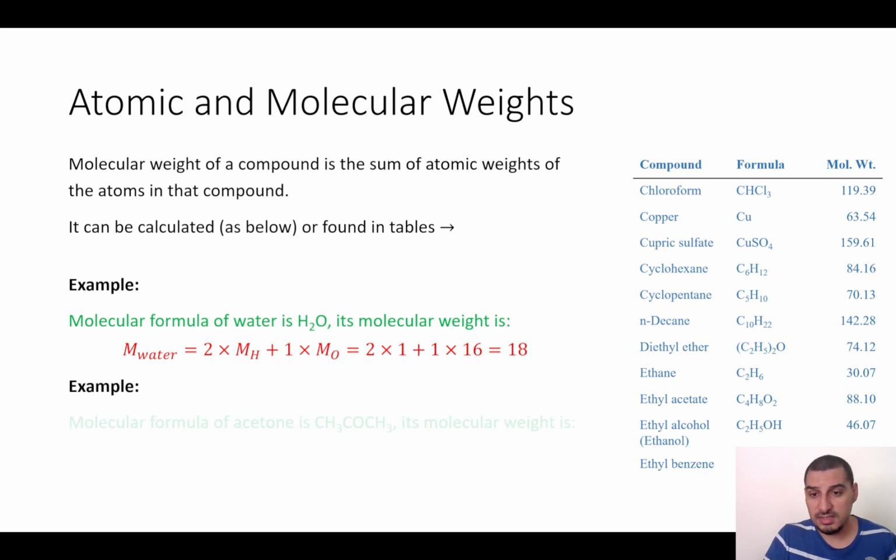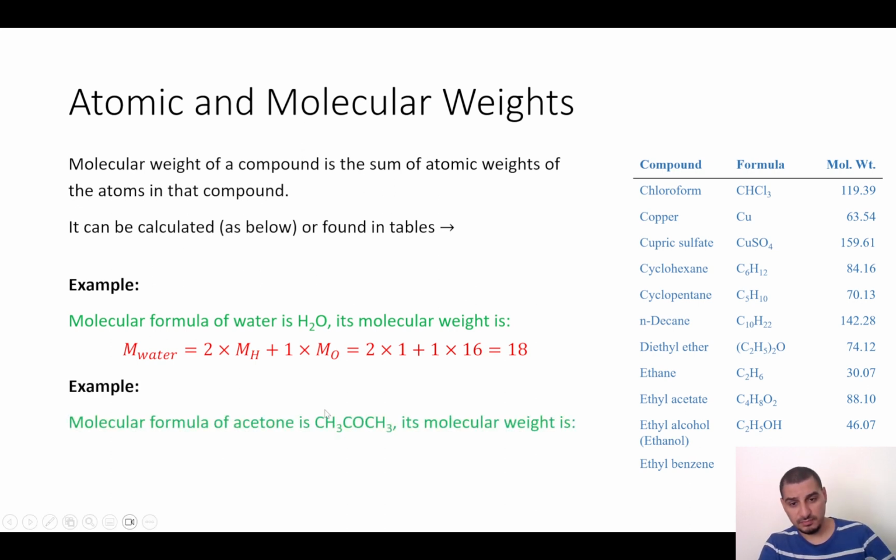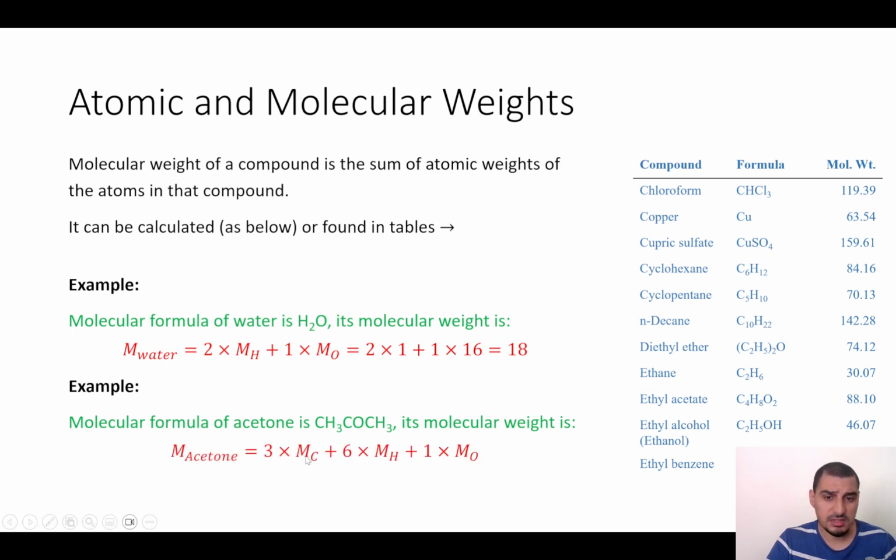For the second example, we have acetone, which is CH3COCH3. So it's composed of 3 carbons, 6 hydrogens, and 1 oxygen. So it's 3 times 12, which is the molecular weight of carbon, 6 times hydrogen, which is 1, plus 1 multiplied by 16, so this is 58.